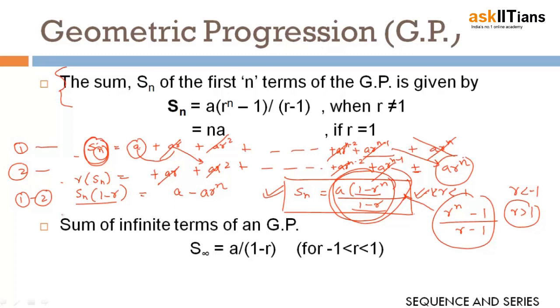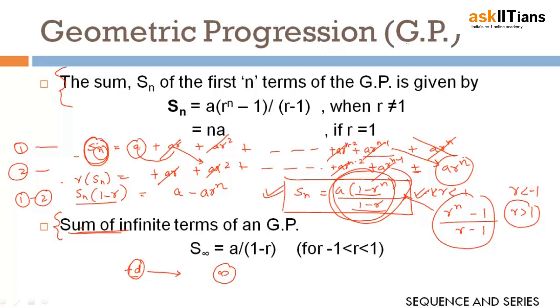Let us see what the sum of infinite terms in a GP means. In AP, why didn't we introduce this concept? Because in AP, if you go to infinite terms and keep adding a constant term, you will automatically approach infinity. But here there will be a case when the terms are diminishing. What do I mean by diminishing?